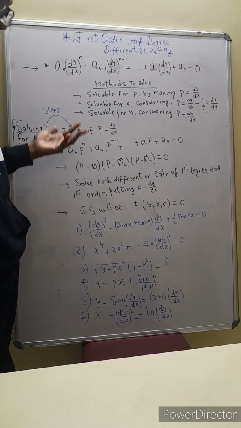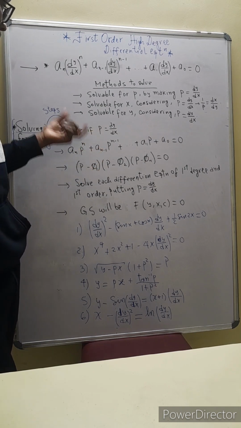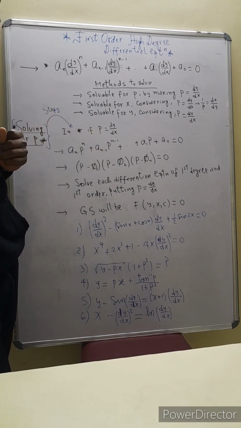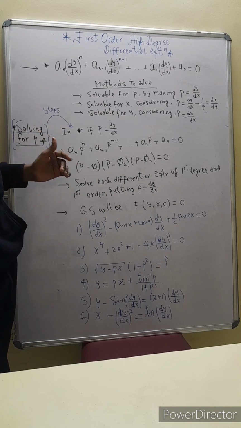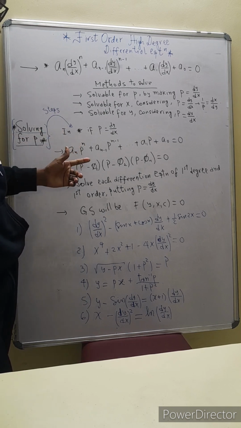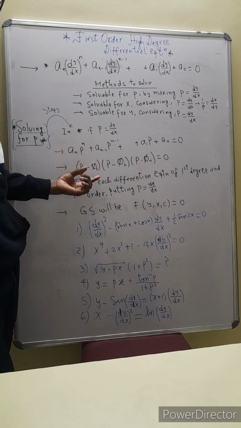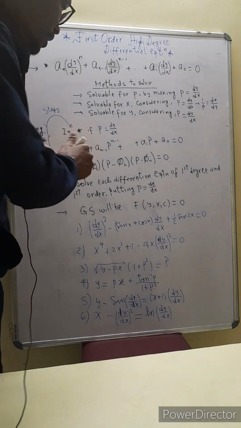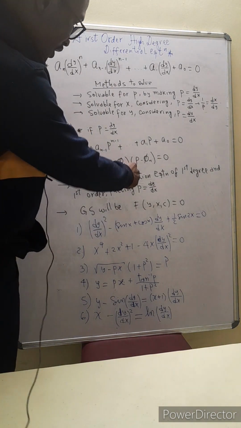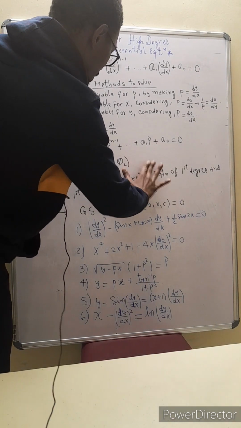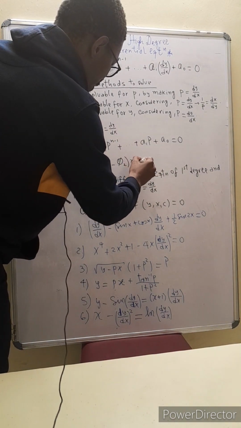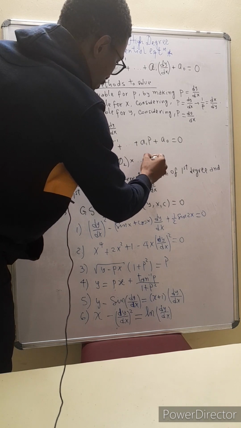If we are solving for p, it means that our variable here is p. Actually, I just forgot something here. This is the multiplication of the terms.